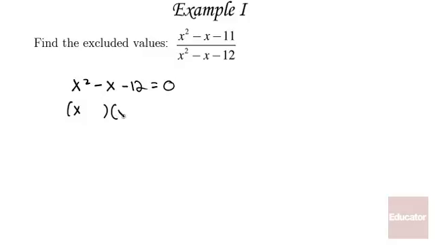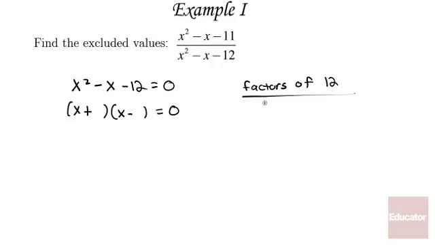And I see here that what I have is negative here, which means that this must be the product of a positive number and a negative number. In order to determine what these two values are, I'm going to find factors of 12 that add up to negative 1. The middle term here is negative 1.